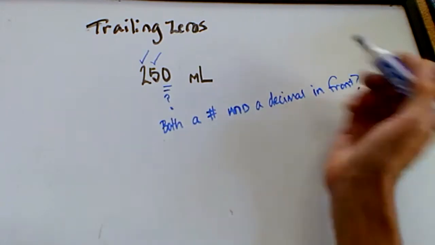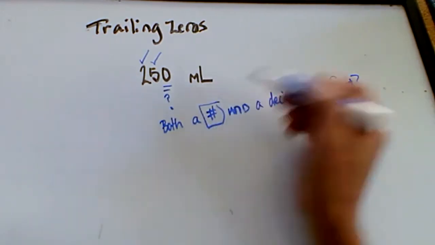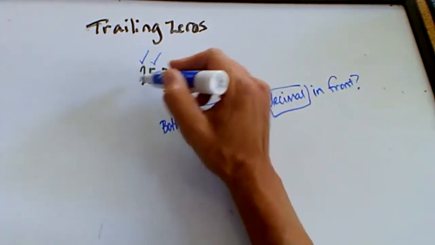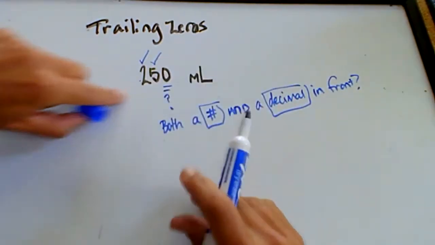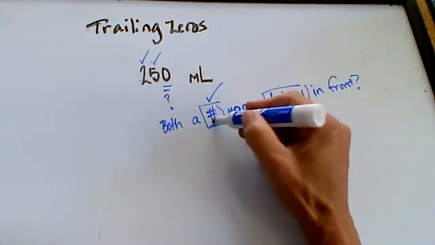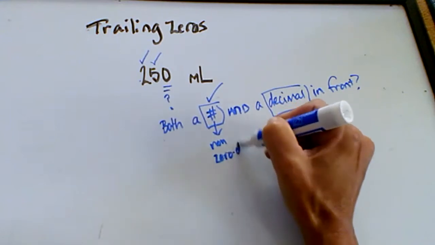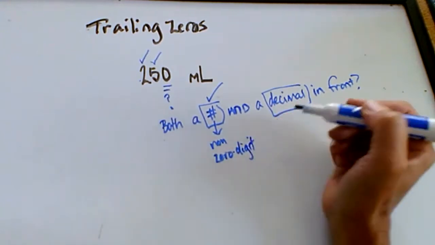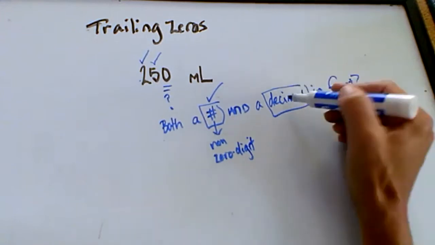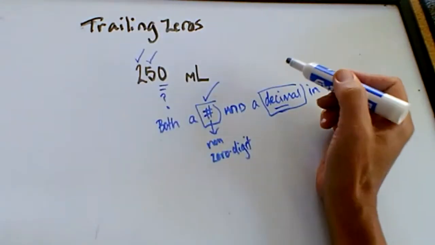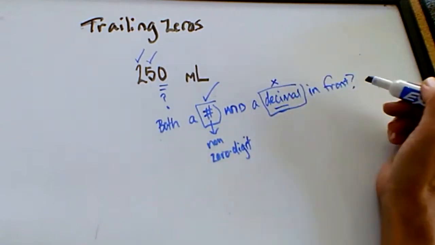Well, this 0 has a couple numbers in front of it. By number, I mean non-zero digit. It's got to be a non-zero digit, anything between 1 and 9. Is there a decimal in front of it? No, there's not.